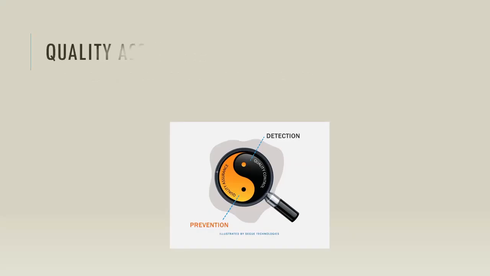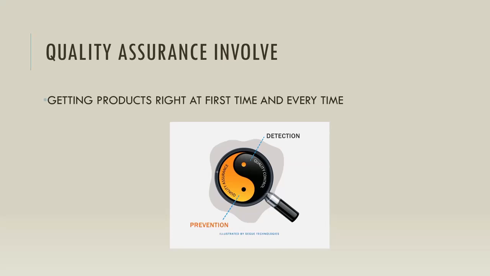Now, detection and prevention, these 2 points are also very important. These 2 parts are really associated with quality assurance. Quality assurance also talks about getting it right the first time and every time. So that is good quality.